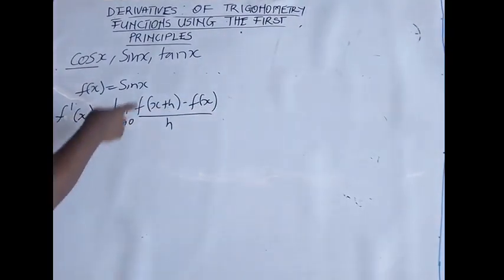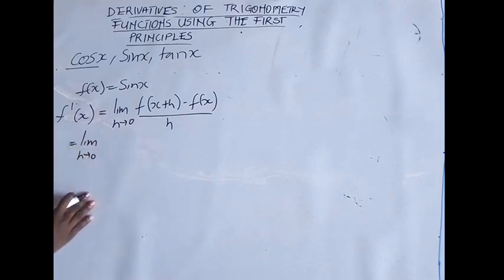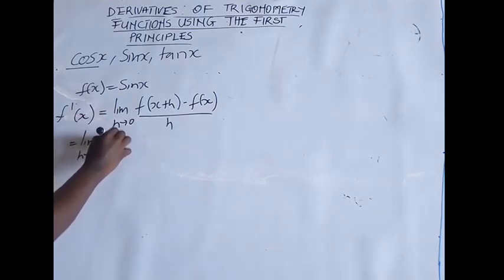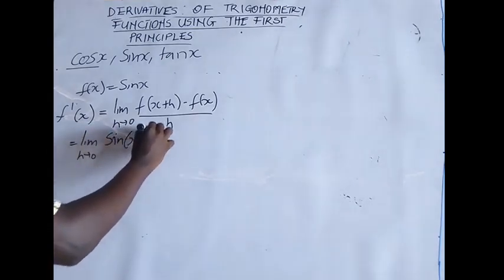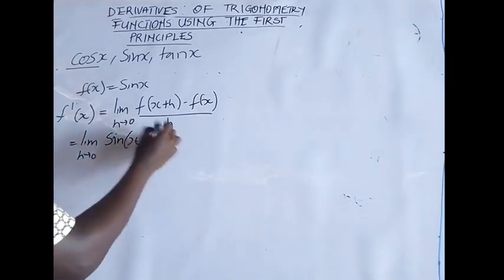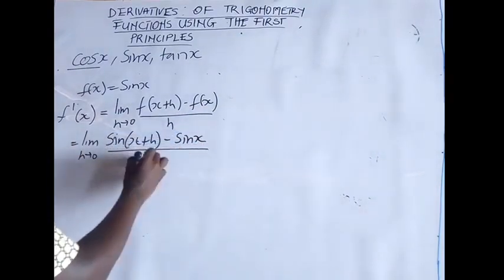So wherever we see our x, we replace it by x plus h. So we get the limit as h approaches 0 of sine of x plus h minus f of x, which is sine x, all over h.